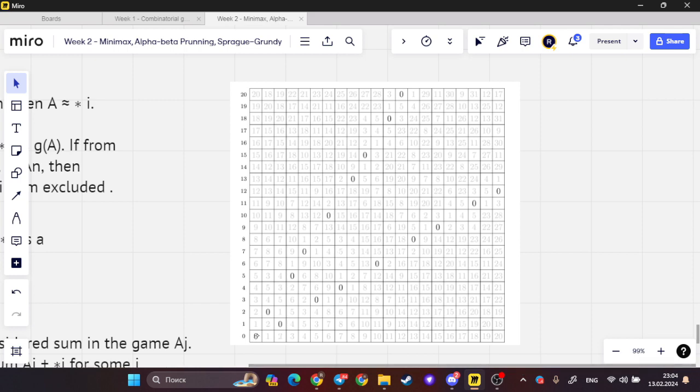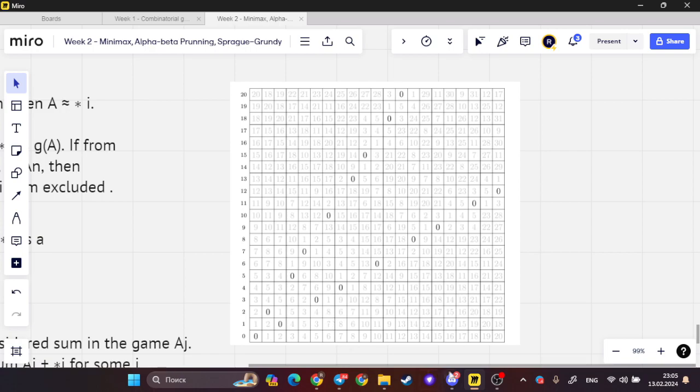It's obvious that the null game is equivalent to the null game on nim. If we have two equal piles, they are equivalent.